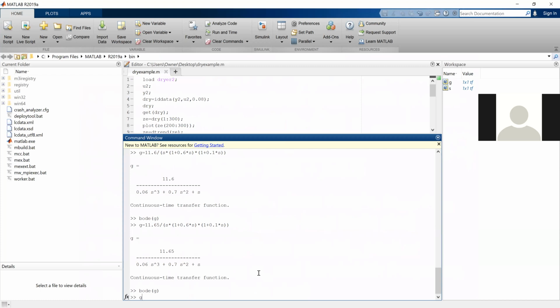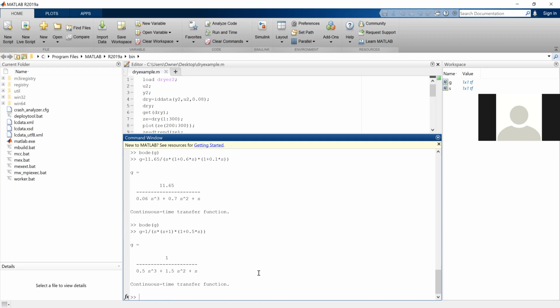Okay, so we type G first, the open loop. 1 over s multiply (s plus 1) multiply (1 plus 0.5 multiply s). Okay, close bracket. So this is open loop. So directly go to G.